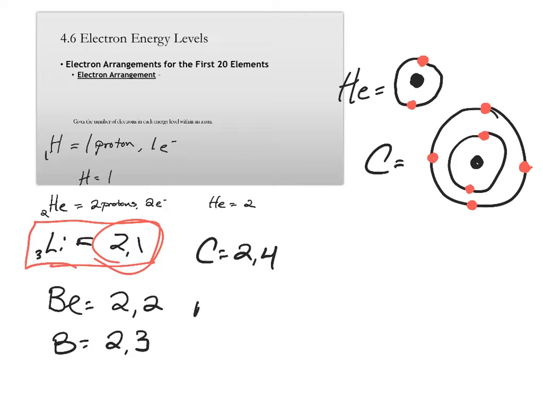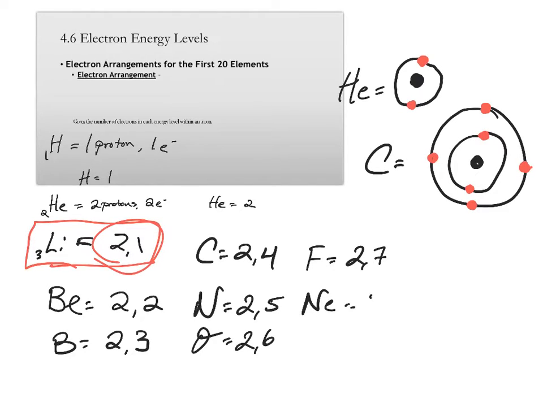Then we've got nitrogen, which would be 2, then 5. Oxygen would be 2, then 6. Fluorine would be 2, then 7. Neon would be 2 and then 8.